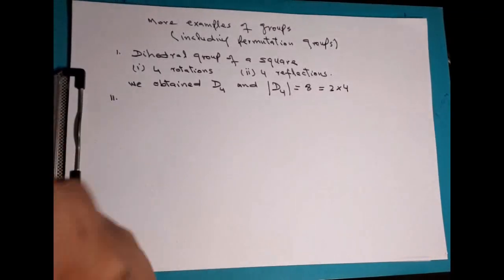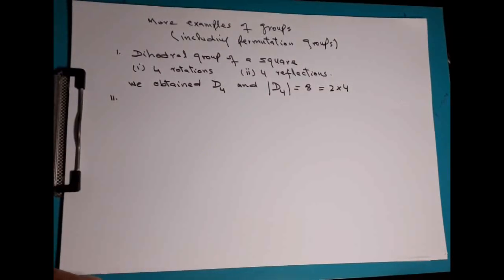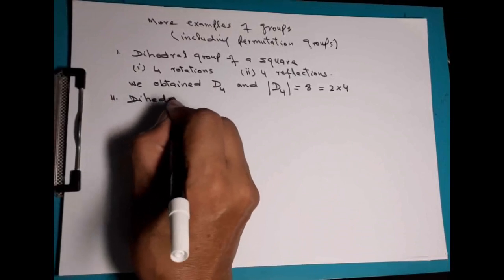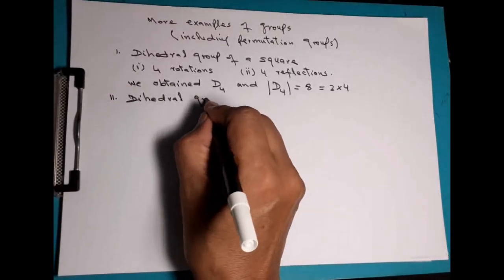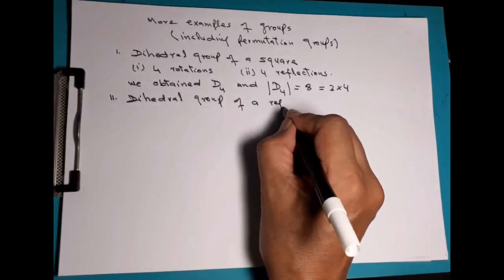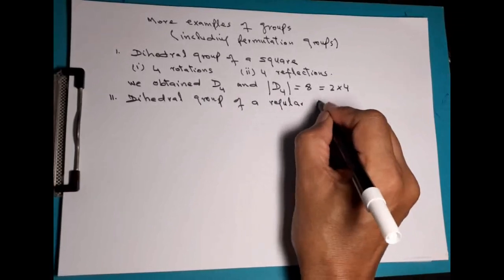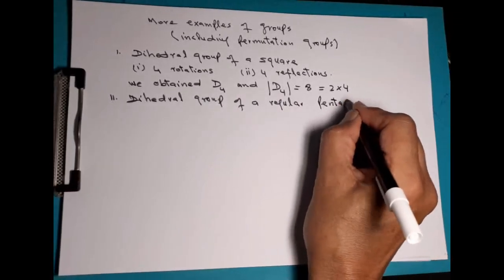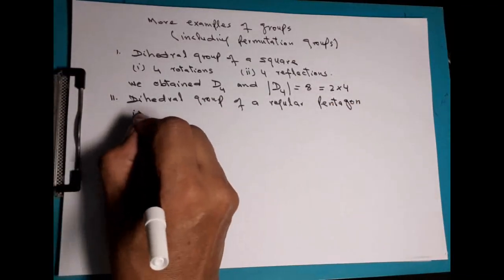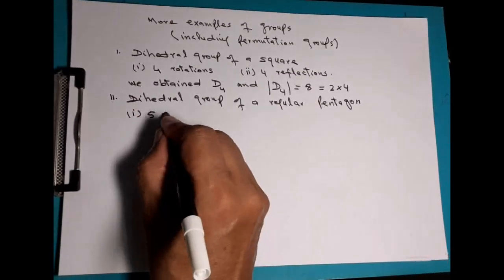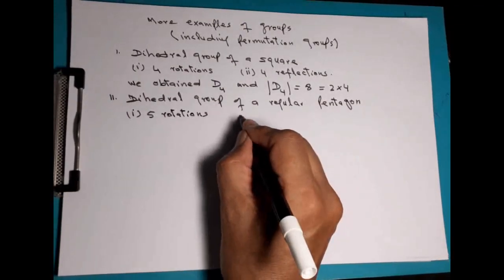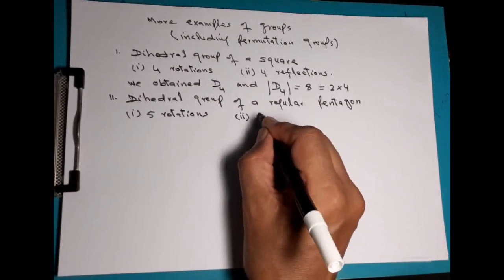And next we discussed the dihedral group of a regular pentagon. Recall that in this case we had 5 rotations and 5 reflections.